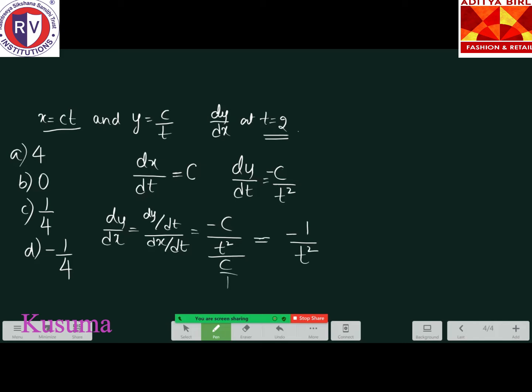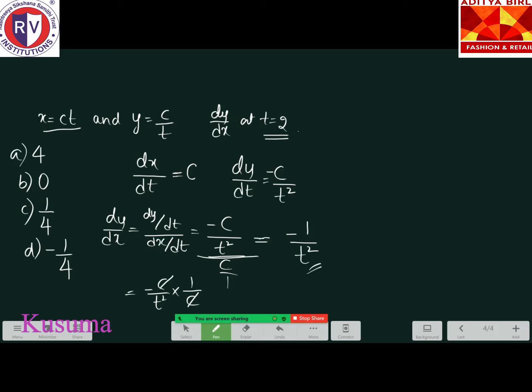This is c by 1, right? So this is minus c by t square into 1 by c. The denominator is c, so it is c by 1. When we take its reciprocal, it will become 1 by c. c and c get cancelled to give us minus 1 by t square. Okay, so minus 1 by t square is dy by dx.